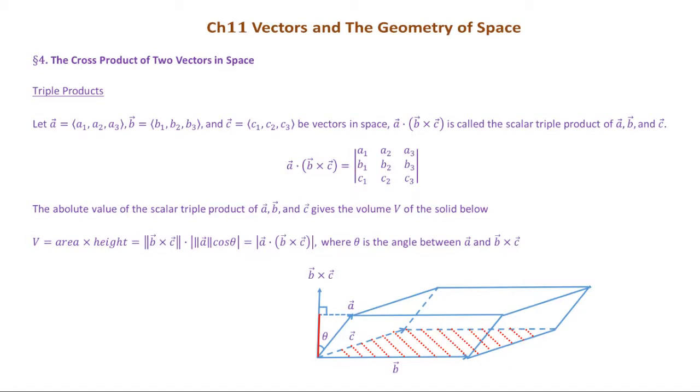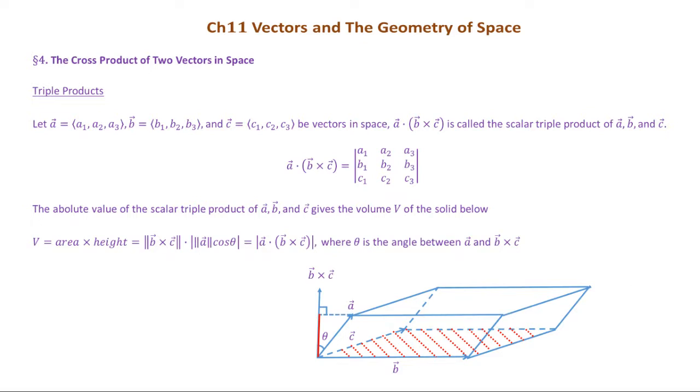So you got something like a box, a skewed box, using those three vectors. We know when you have two vectors, you can form a parallelogram, right? When you have three vectors, then it gives you the volume of this skewed box. When you have two vectors, the cross product gives you the area of the parallelogram formed by those two vectors. So the triple product gives you the volume of this box.